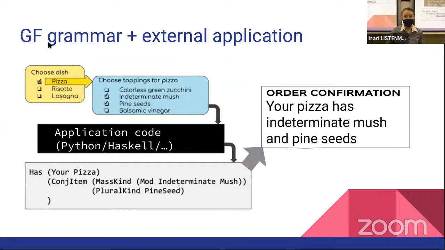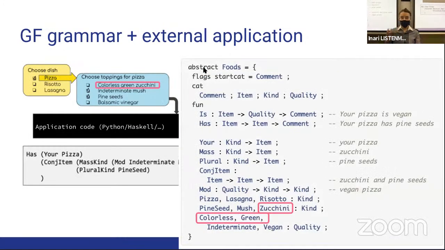And the grammar that is powering this application could be a slightly modified foods grammar. Now, instead of just saying that your pizza is vegan, we also have a possibility to say that the pizza has something. It has pine seeds. Oh, it has balsamic vinegar.